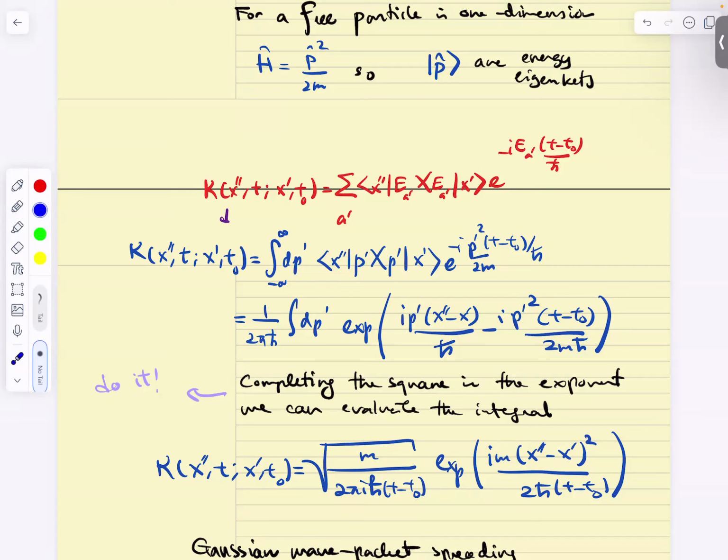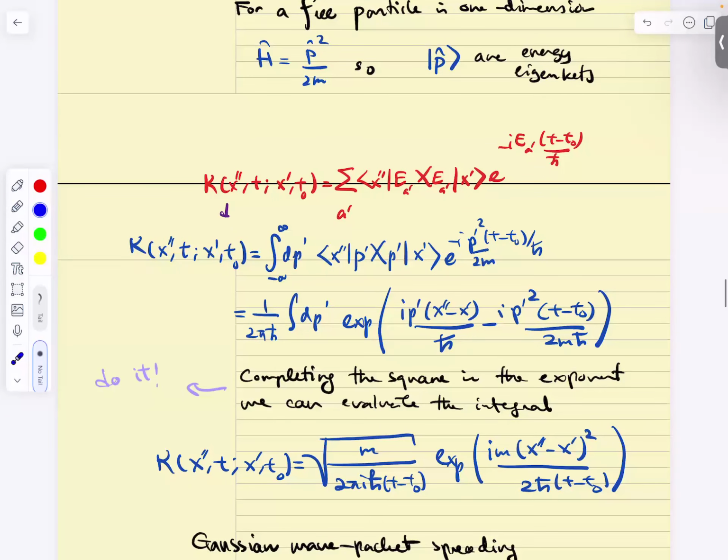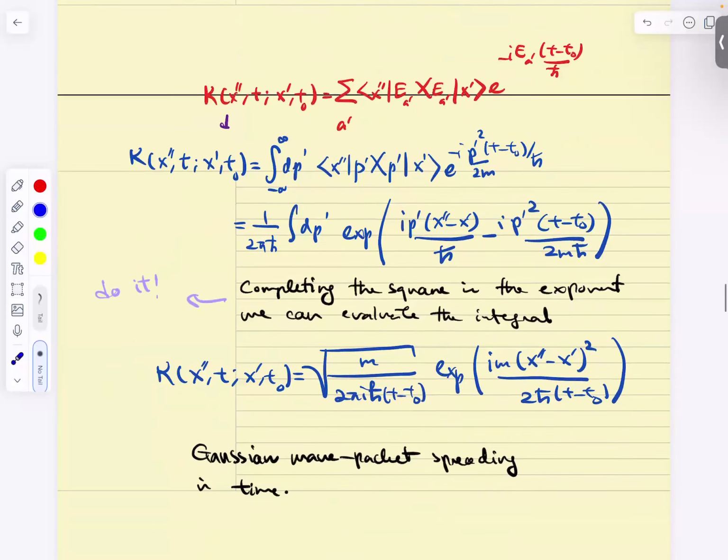Yeah, square root of pi over something that depends on it. All right, and then this is what they've done. But you could look this up and do the integral. This is your propagator.